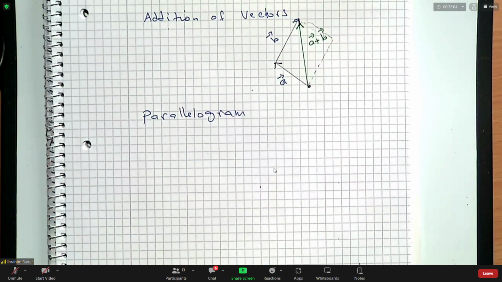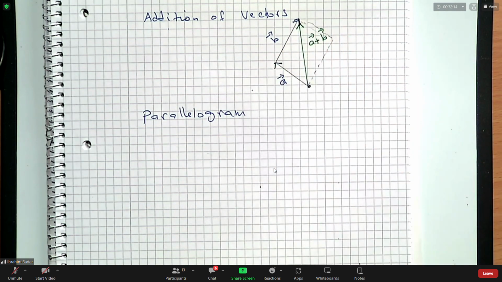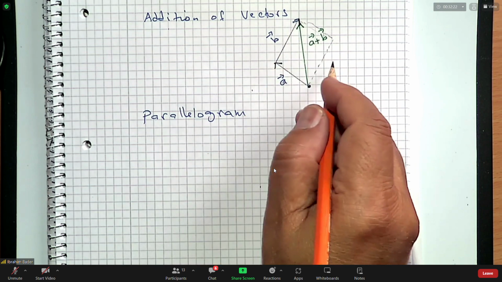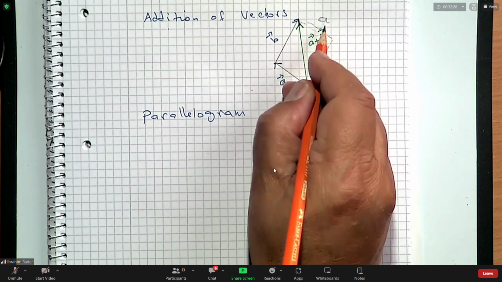This is the only difference. As you see here, the diagonals are different, so they don't have the same magnitude. But these two opposite sides are equal, and these two opposite sides are equal.